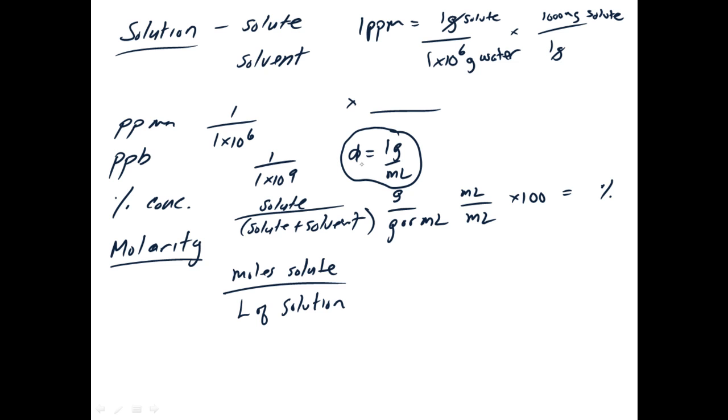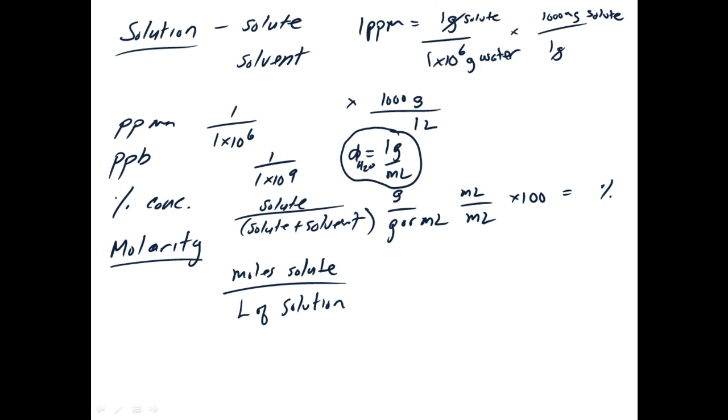So we've got 1,000,000 grams of water, and we know that 1,000 grams of water would equal 1 liter. And you say, how did you get that? Well, the density of water is 1 gram per milliliter, and I have 1,000 grams of water, so I would have 1,000 milliliters of water.